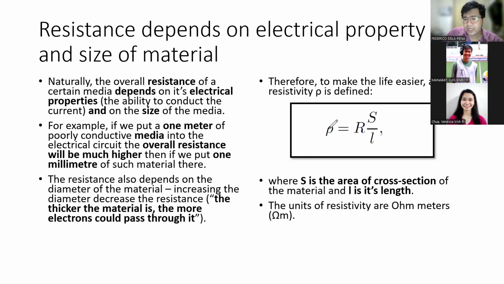Therefore, we can describe resistance in terms of the length, the intrinsic property of the material, the resistivity, and also the cross-sectional area of the material. Generally, resistance is equal to resistivity multiplied by the length and divided by the cross-sectional area.